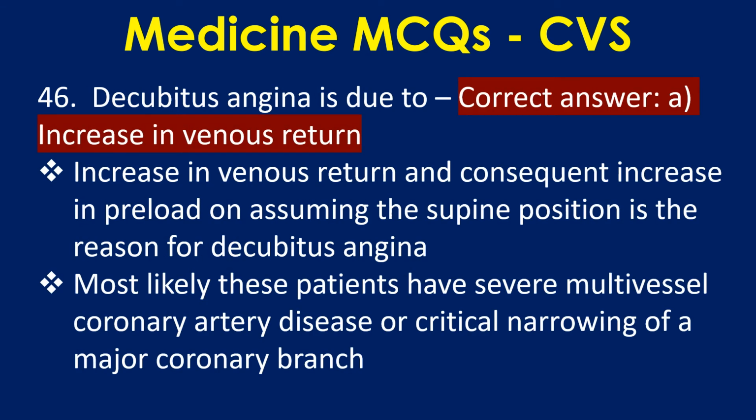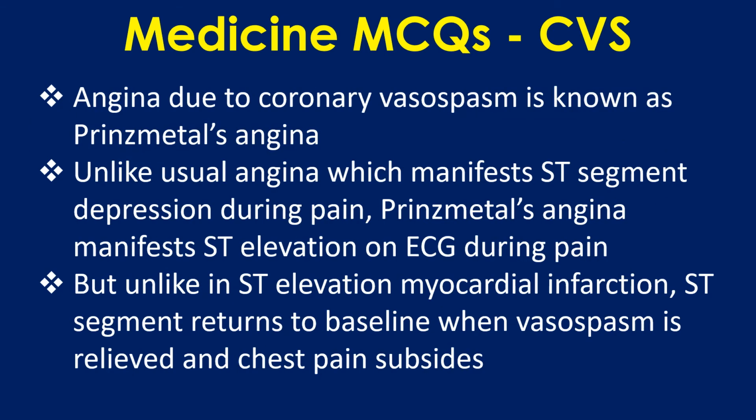Increase in venous return. Increase in venous return and consequent increase in preload on assuming the supine position is the reason for decubitus angina. Most likely these patients have severe multivessel coronary artery disease or critical narrowing of a major coronary branch. Angina due to coronary vasospasm is known as Prinzmetal's angina.